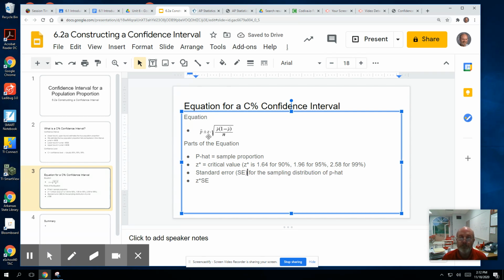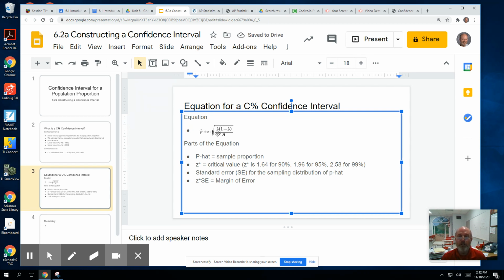When we multiply the z appropriate to our confidence level times the standard error, that equals the margin of error. That's what we add to p hat and subtract from p hat to get our upper bound and our lower bound.